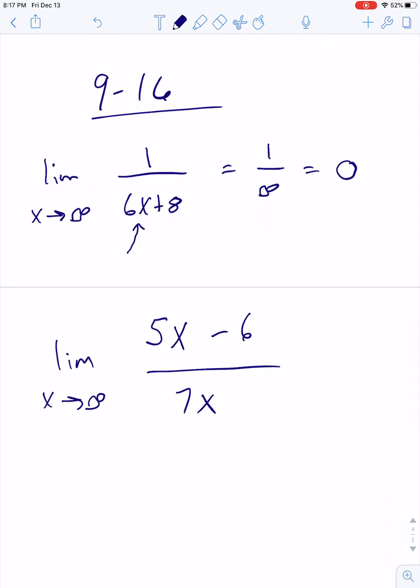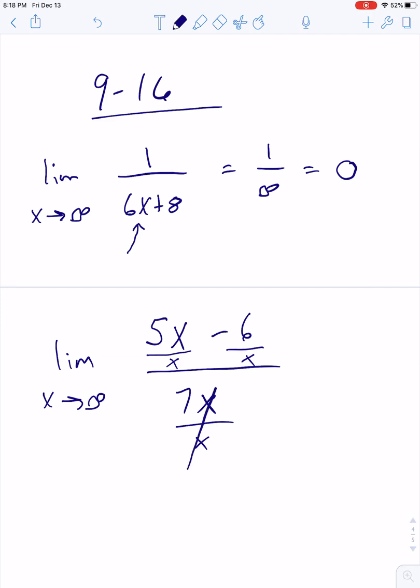When you have a rational function, one method that makes these problems a little easier, if you don't want to graph it, is to look for the highest exponent and divide everything by it. So I'm going to divide everything by x, by x, by x. You're allowed to do that because you do it to every single term within the equation, so you're not changing anything.